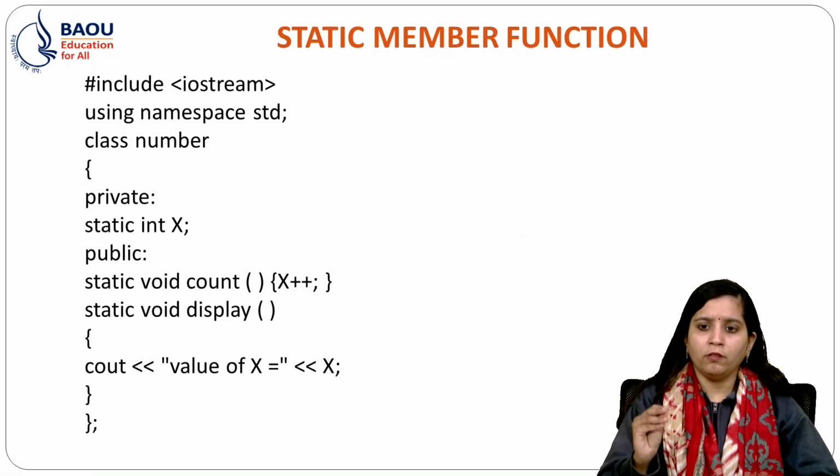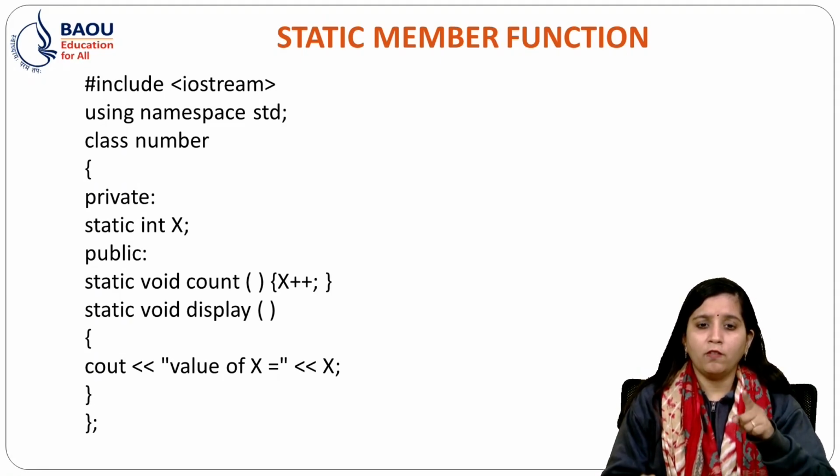In the count function I have incremented x plus plus. X is a static data member, and static void display, cout value of x. So over here also we are using our static data member, that is x.